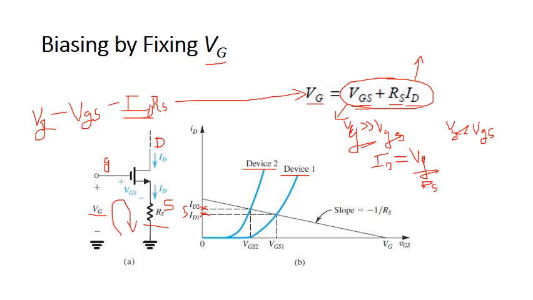There was a large variation in ID current, but over here the ID variation is very less, very close to being equal. Hence, this method of selecting a DC operating point is an appropriate method. Next, we will check the third method of biasing the MOS circuit.